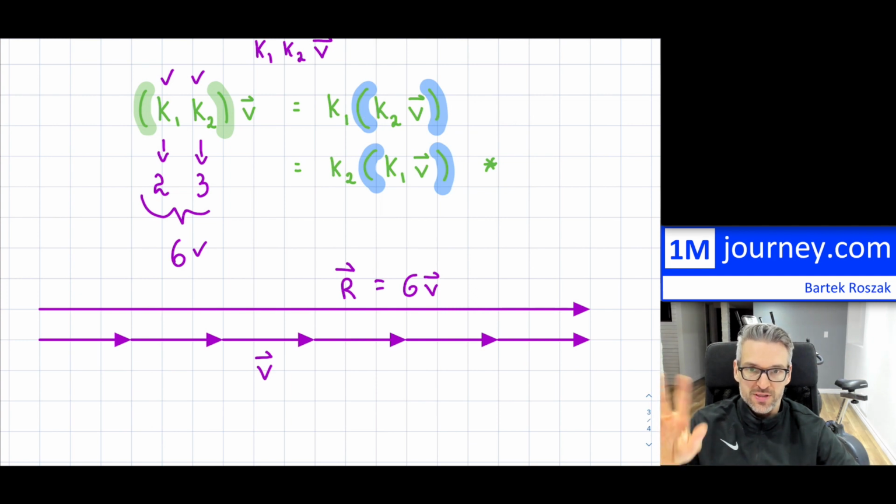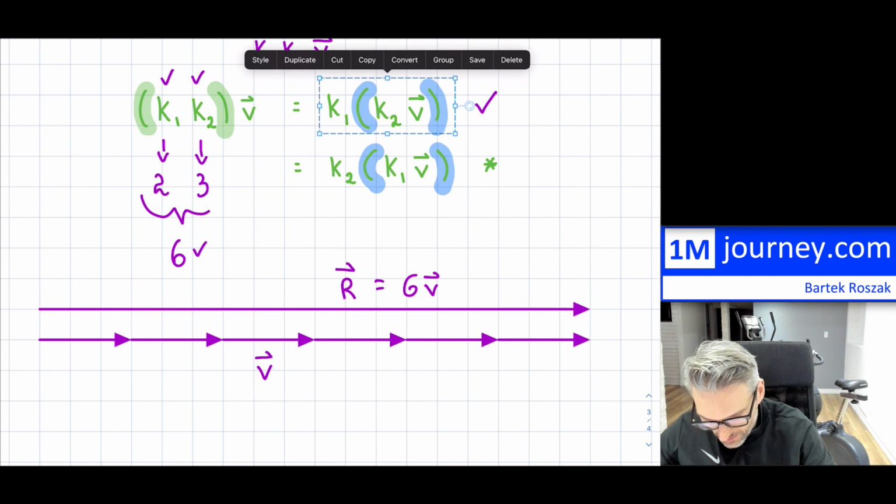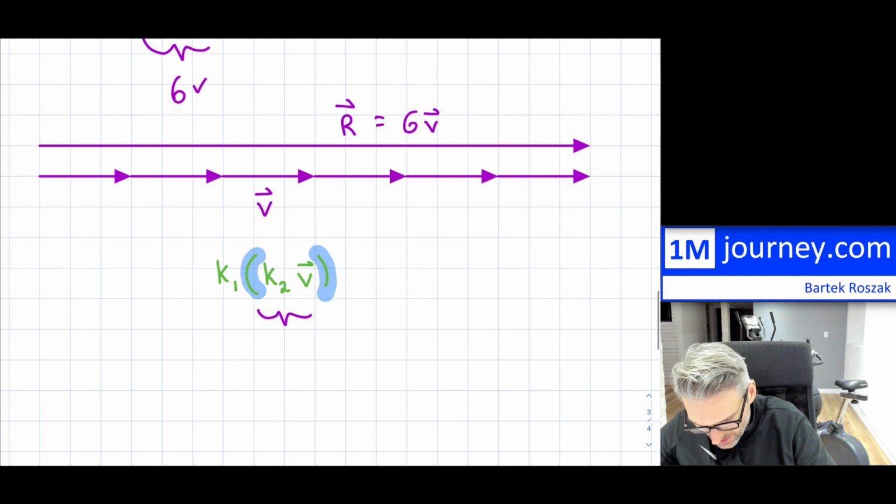So the order doesn't matter. So I'm just going to concentrate on this one right here. So let's assume that this, let me duplicate it, bring it down right here. What it tells us is you can just take, now my k2 was 3, so you can say this is 3 times v, right there.